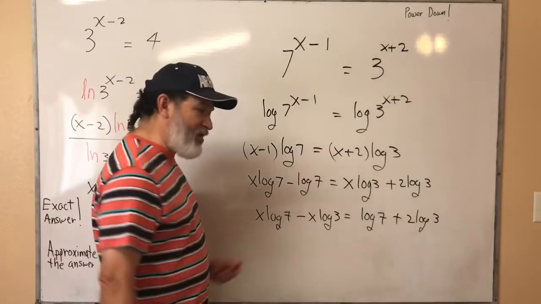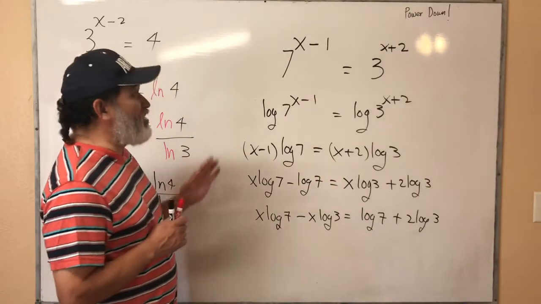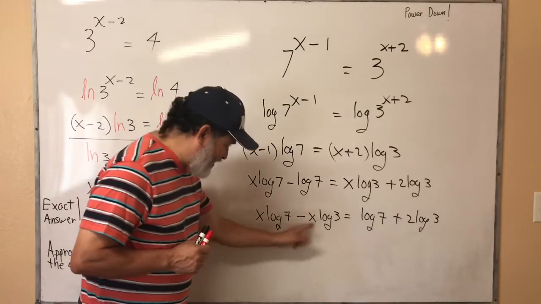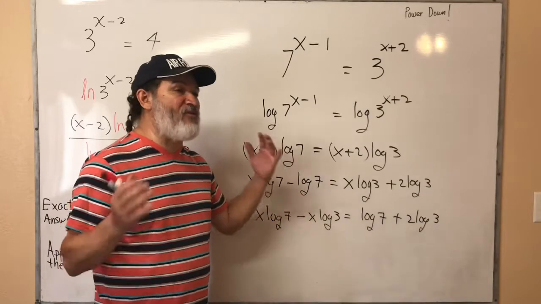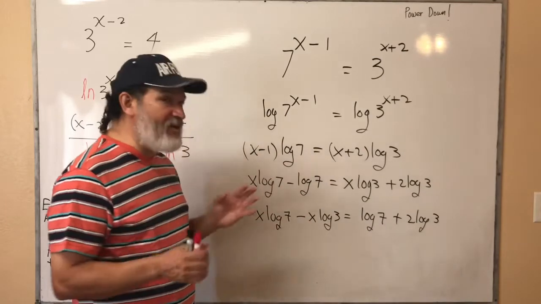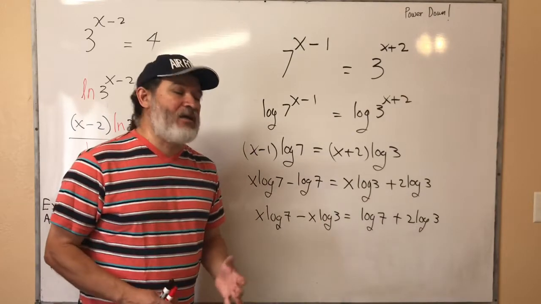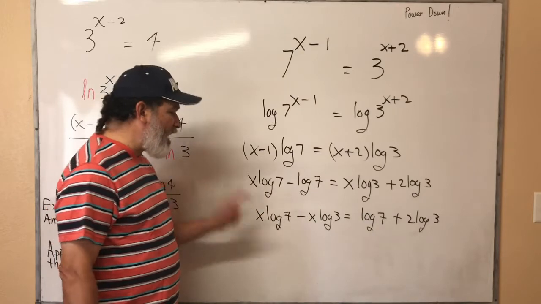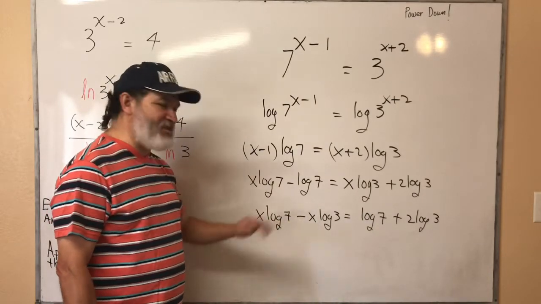Now the problem is, wait a minute. I want to solve for x, but I have this x and this x. I need a single x. How can this become an expression with a single x? Easy. Factor out an x from the left-hand side.